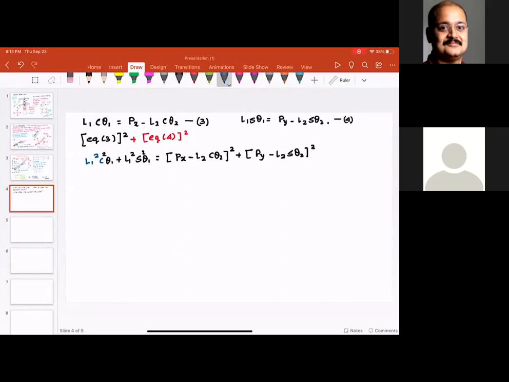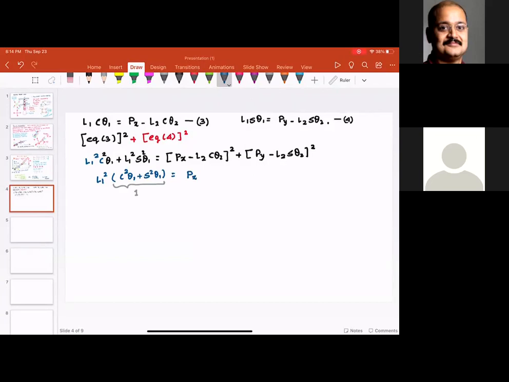Now believe it or not, this made my life a little bit less complicated, because now I have cosine square theta plus sine square theta, and I have this big equation on the right hand side, but this guy is 1.